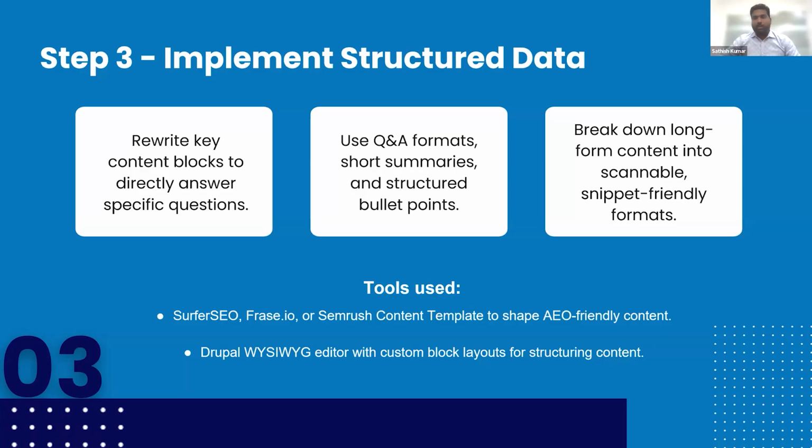Create Q&A questions at the bottom of the page, so it will be easier for these tools to at least analyze and spit out the answer. The other option is to break down long content into snippet-friendly formats that are easy for these tools to understand.